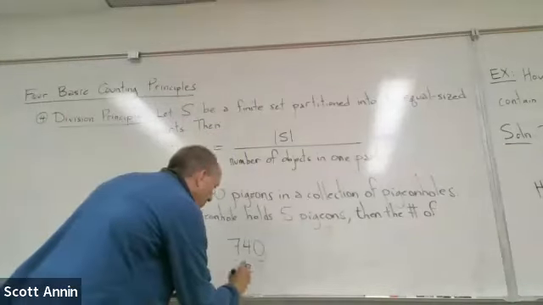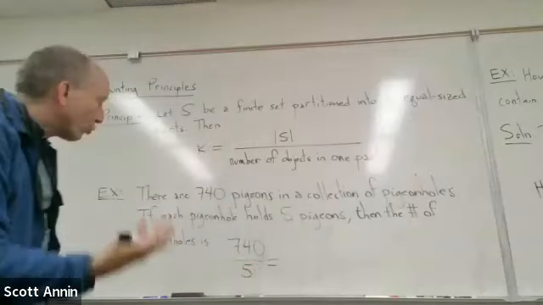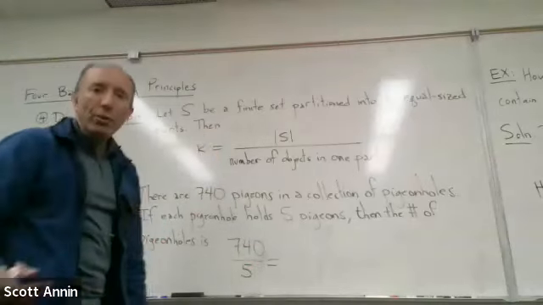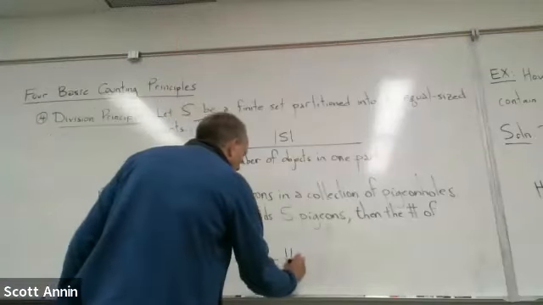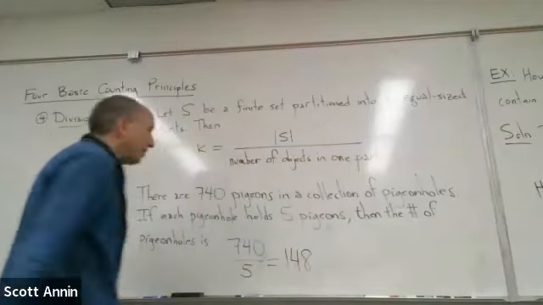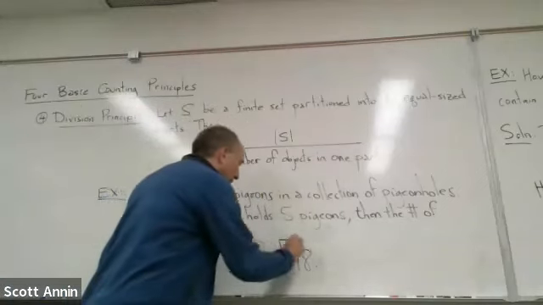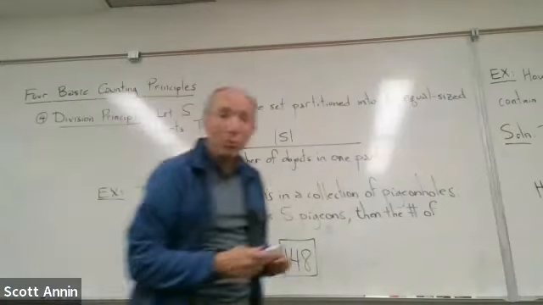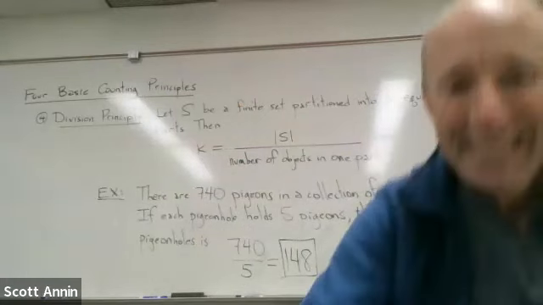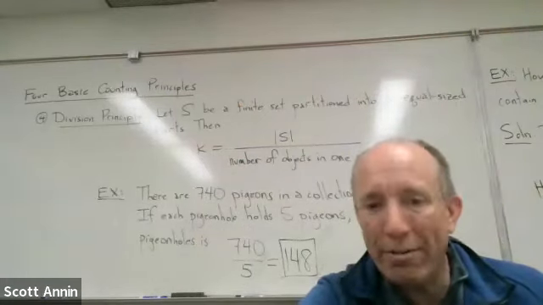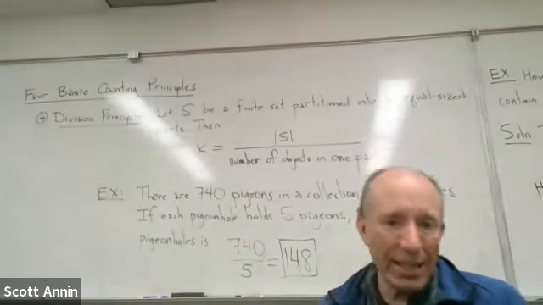If we do that, then we can figure out how many groups we have, which is just another way of figuring out the number of pigeonholes. That would be 740 divided by 5. So if we were counting how many pigeonholes there are, it would simply be 148 in this case. So it's a kind of straightforward idea here.